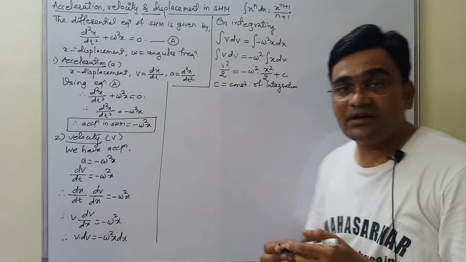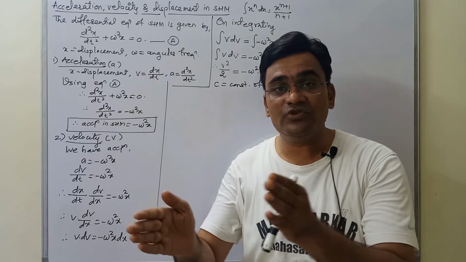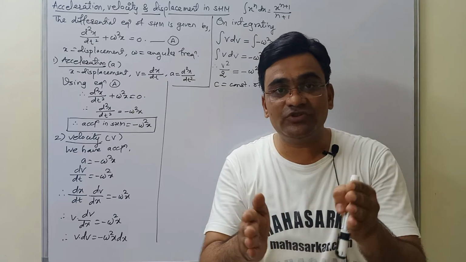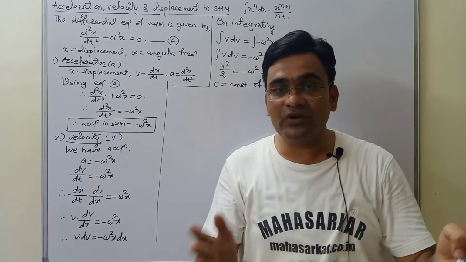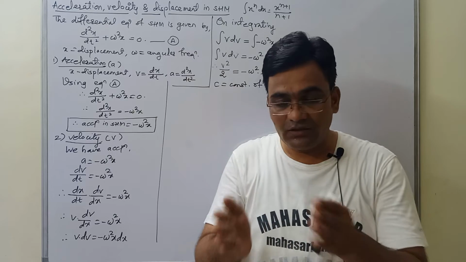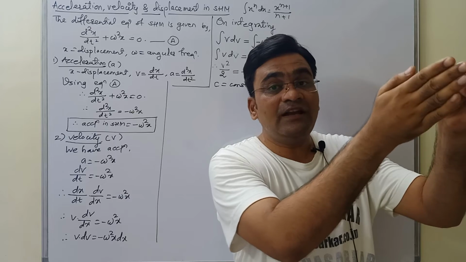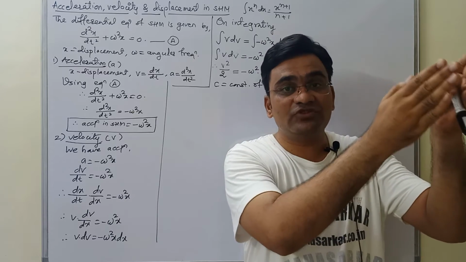Now, if I consider the particle is performing simple harmonic motion and reaches the extreme position, its displacement will be maximum. What will be the velocity? It has to travel from the mean position to the extreme position. Until and unless it stops at the extreme position, it will not come back.